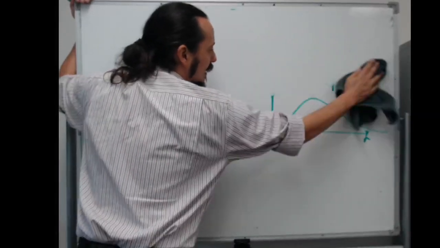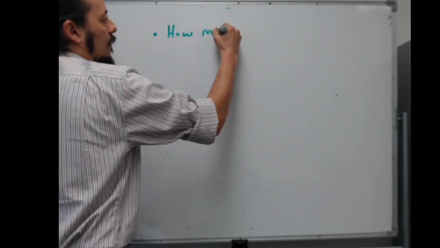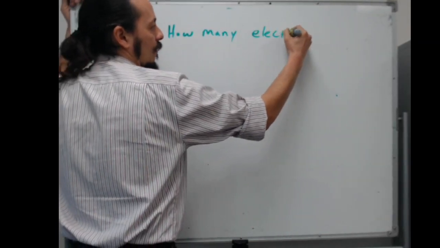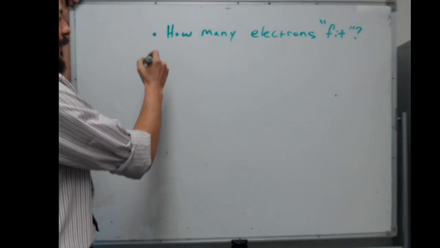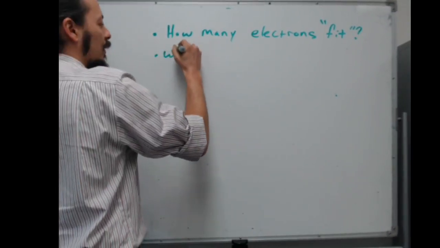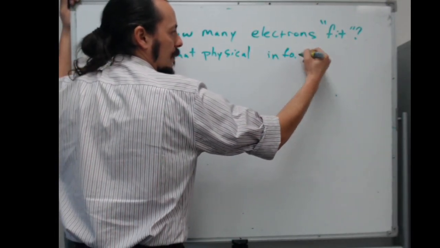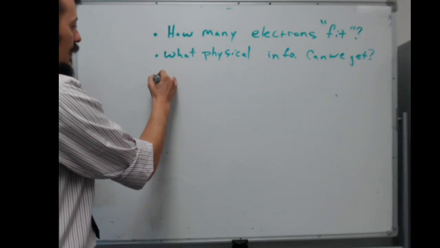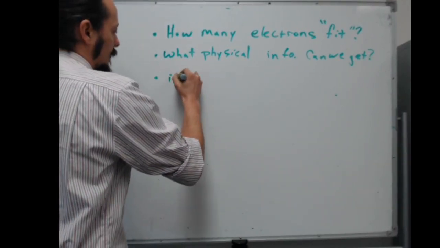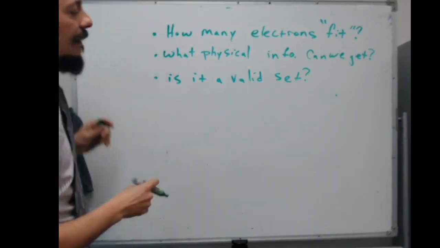So, the essential skills that we need to be working on is how many electrons fit, what physical information can we get, and is it a valid set?